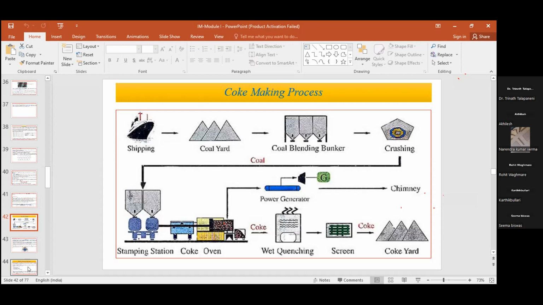So these coals, whatever we have stored in the stockyard, can be again reclaimed through stock reclaimers, and we can transport them to the conveyor belts, the bunkers, and from the bunkers, the weigh feeders, with the appropriate weight, we can charge it onto the conveyor belts, and from there we subject it to the hammer mill, that is the crushing, where we crush it to a maximum of 90% less than 3 mm.